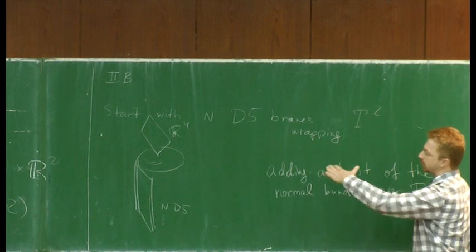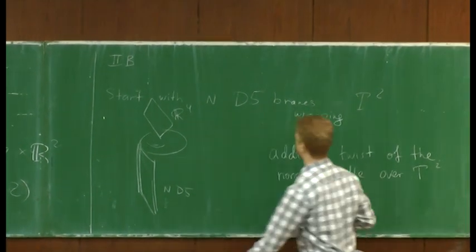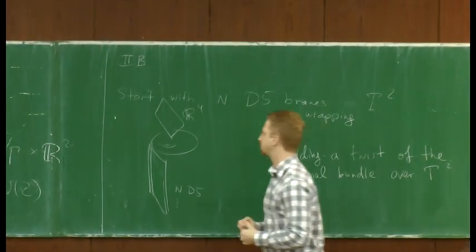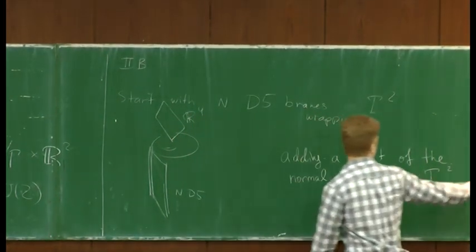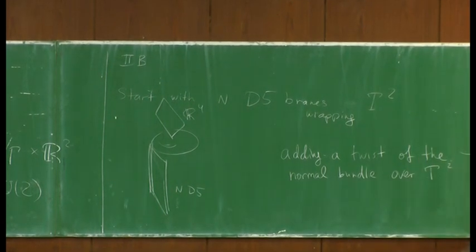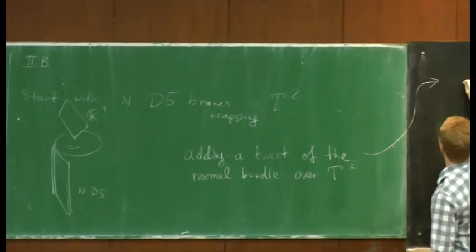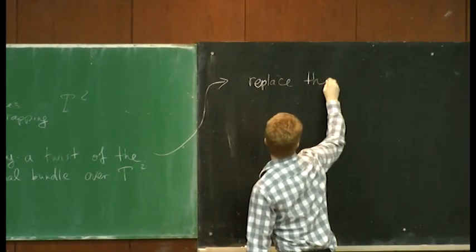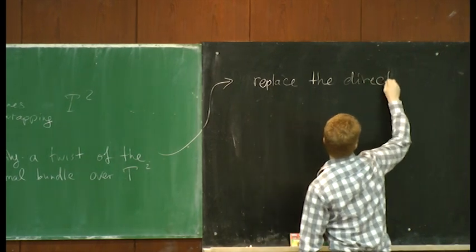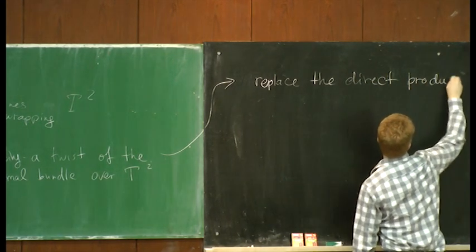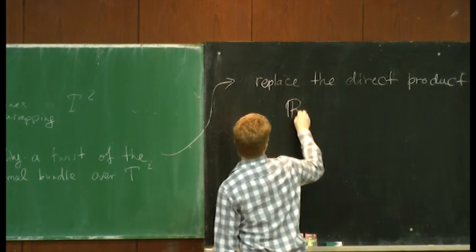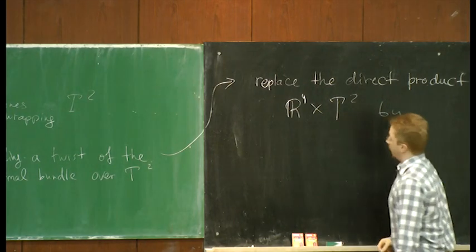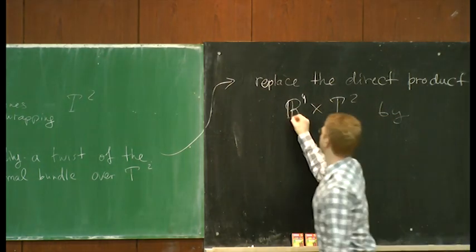And so if the geometry is just flat R4 cross T2, we have the maximal supersymmetry as before. But now, if I replace the direct product by a twisted product.